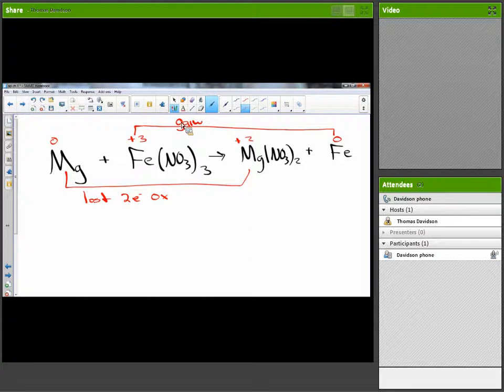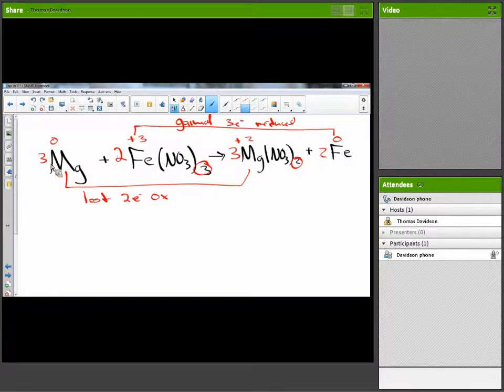I gained 3 electrons, and I was reduced. Whoops, this can't happen, so I have to make them equal each other, which will all be great when I balance this out. If I have a 3 and 2, I should use the swaparoo. So 3, 2, 2, 3.